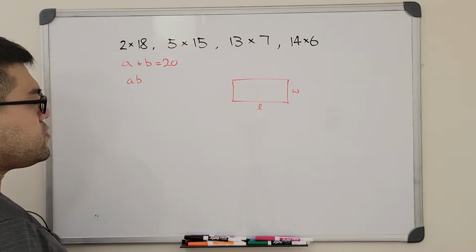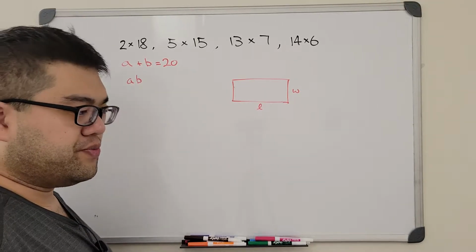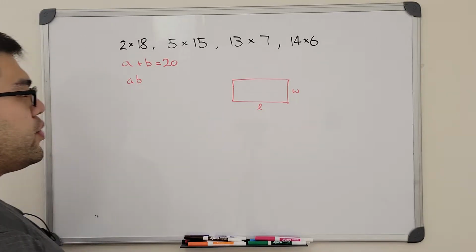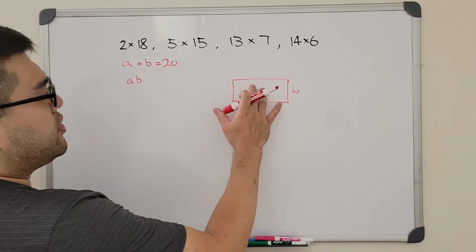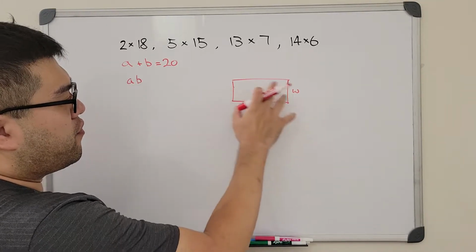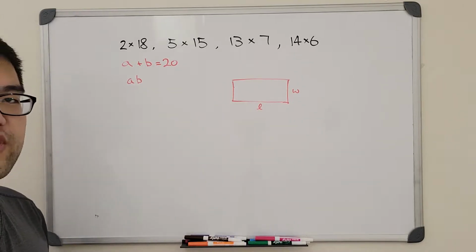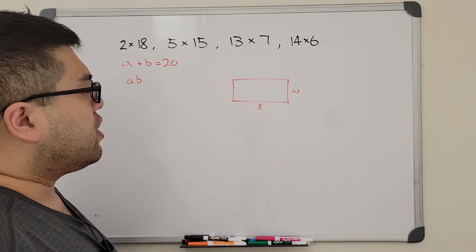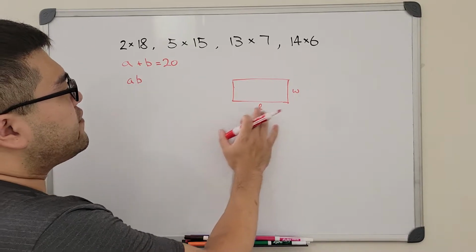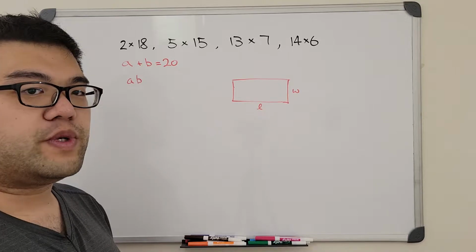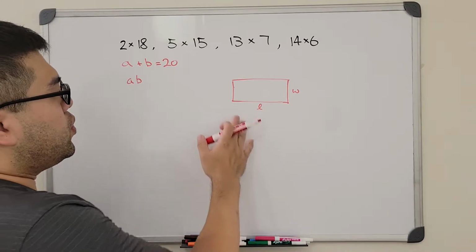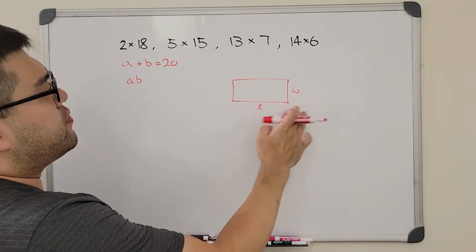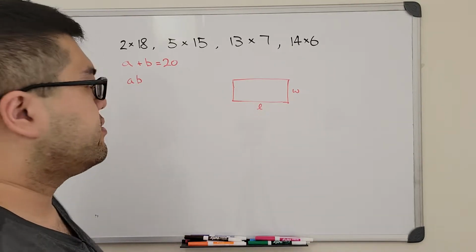Then, if we go back to high school algebra or geometry class, we claim that for a rectangle with a fixed perimeter, the area will be the largest if the length and the width of the rectangle are the same. In other words, we get the maximum area if the rectangle is a square.